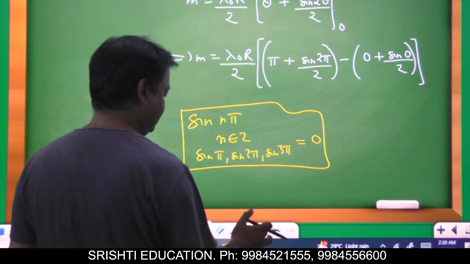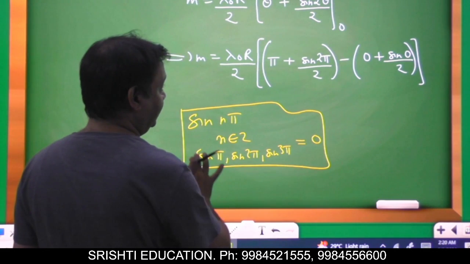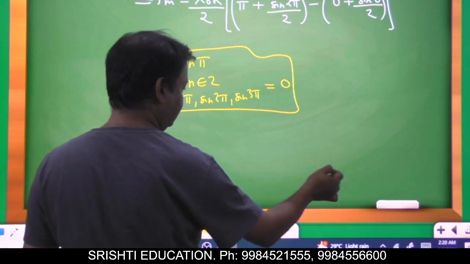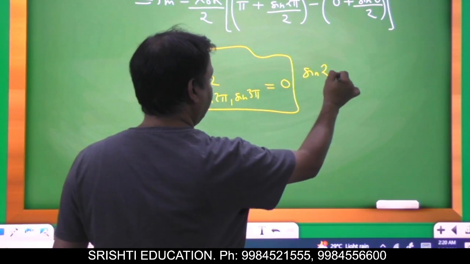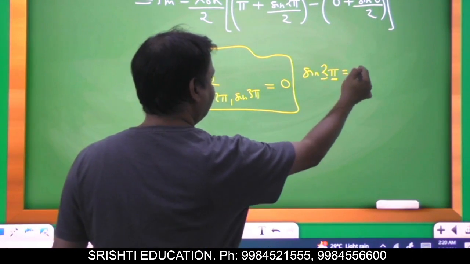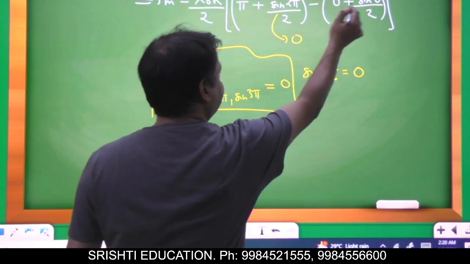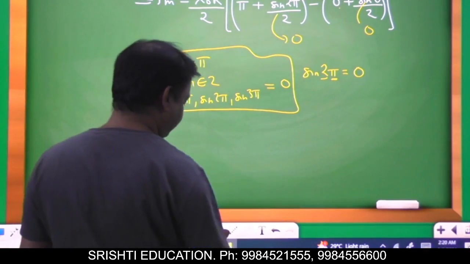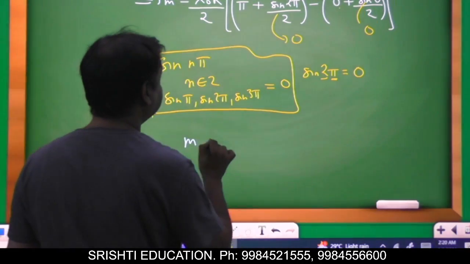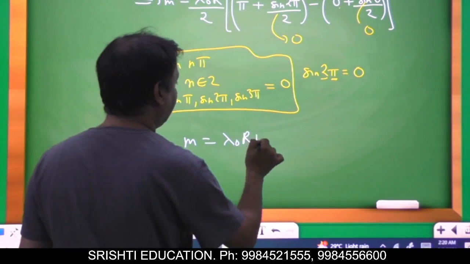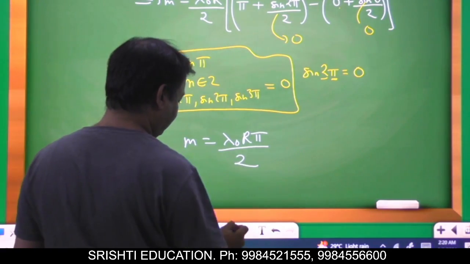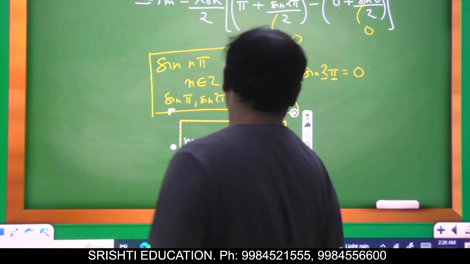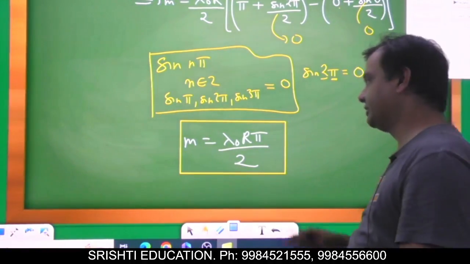So in this case we have sine 2 pi, which is an integral multiple of pi, so it will be 0, and sine 0 is also 0, so your m will come to be lambda naught r pi by 2. So this is your answer for the mass of the semicircular ring.